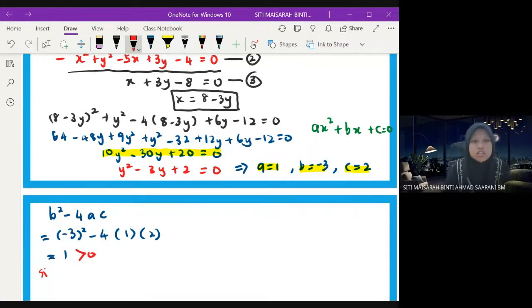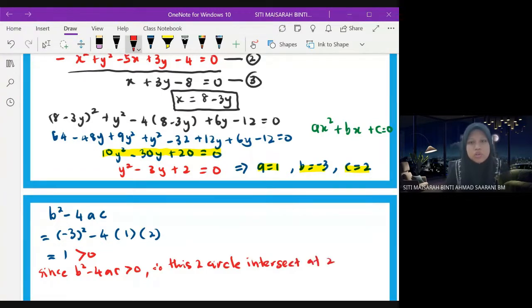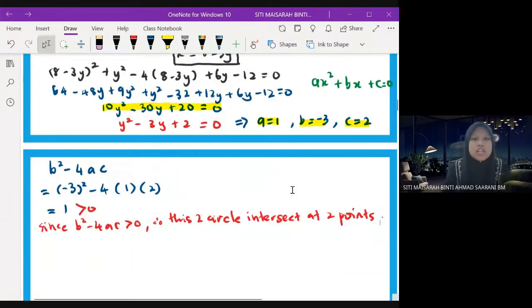So since b square minus 4ac is more than 0, therefore these two circles intersect at 2 point. Okay. Maksudnya dah show lah, kita dah show ni.